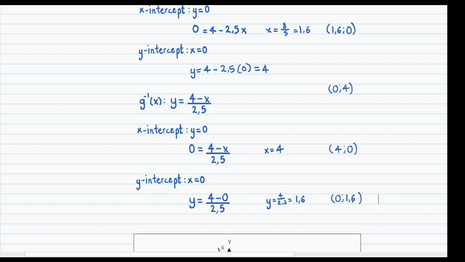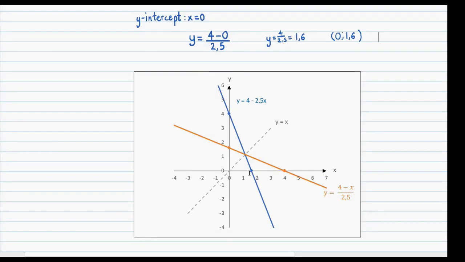So they're pretty much the exact same coordinates, except that they are reversed. Coming back to the graph, the x-intercept for g is reflected across y equals x to give the y-intercept for g inverse. One has coordinates (1.6, 0), and the other has coordinates (0, 1.6). So they are the reverse of each other.